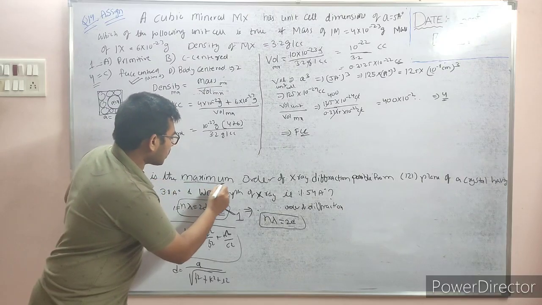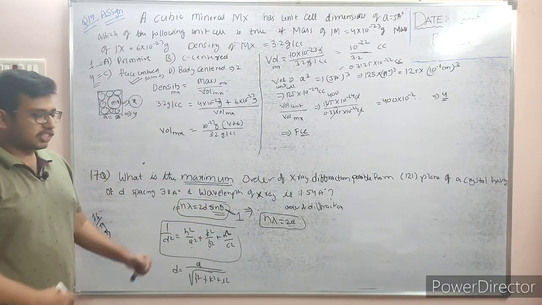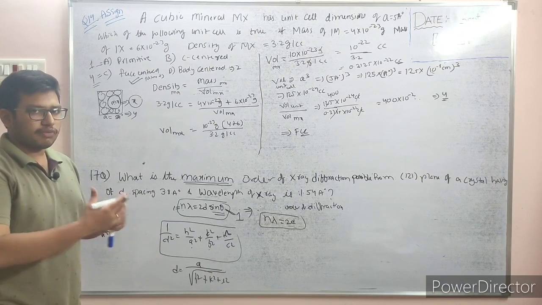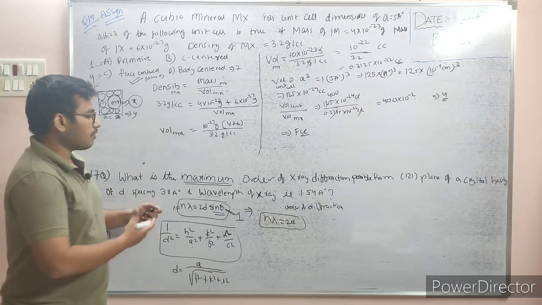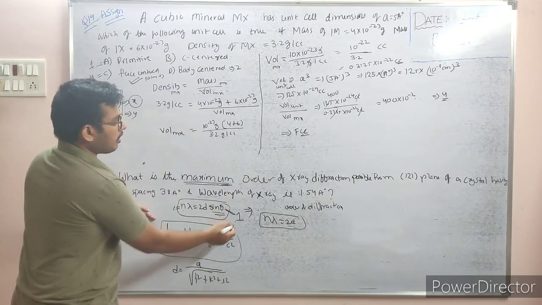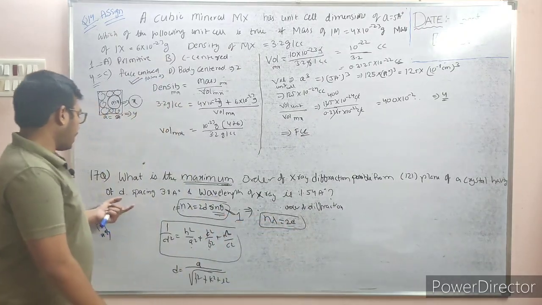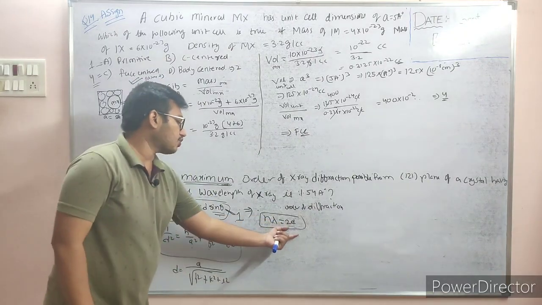If you understand the maximum concept here, you can easily remove sin theta. Try to read the question 3-4 times and attempt various approaches. When you see maximum, it should be 1. So we get the formula n lambda is equal to 2d. The d spacing is 3.8 angstrom.